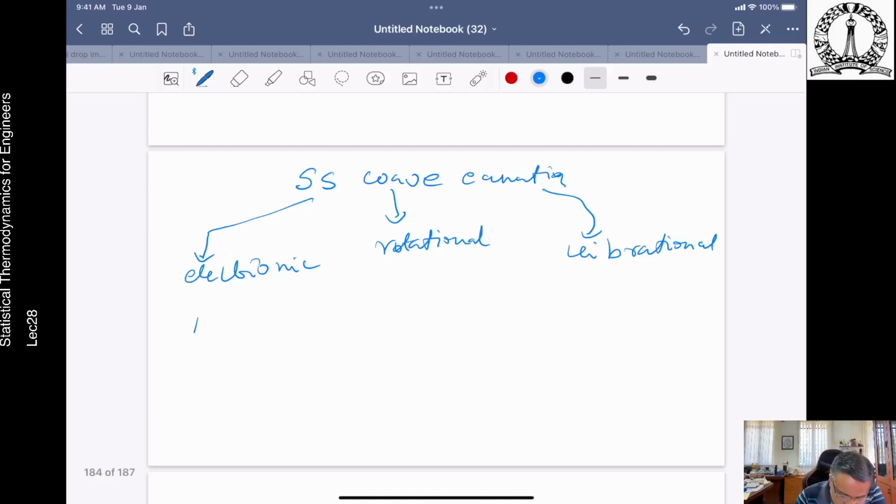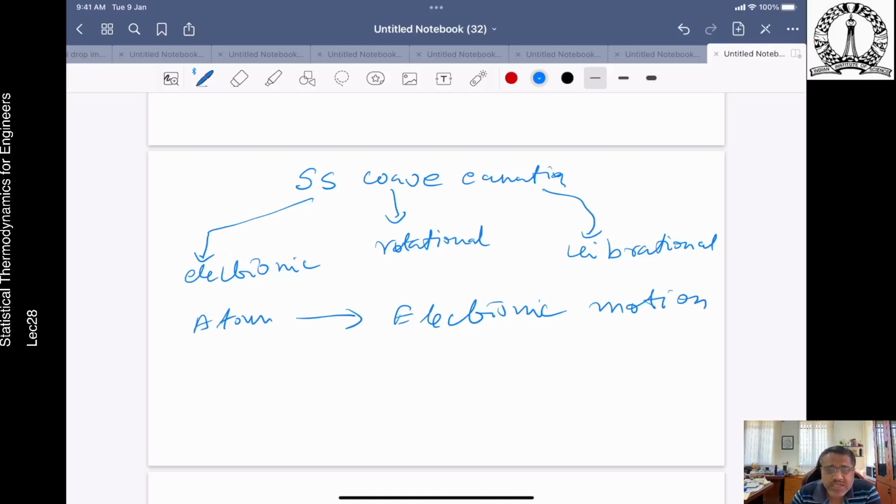So for atoms, we could only say that electronic motion was the only internal energy mode.